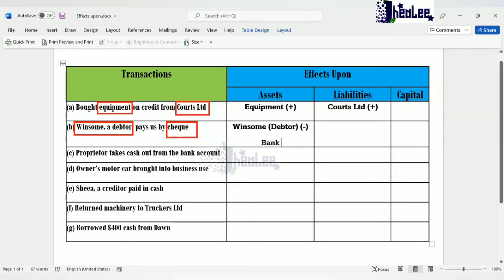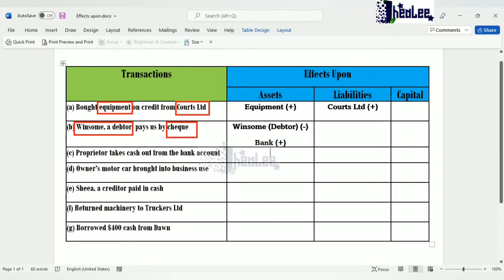We have received this check, so therefore it is an increase. So we're going to use a plus to represent that. All right. So from this transaction, you're seeing that two assets are affected. Once you have two assets affected, one will be increasing and one decreasing, like you're seeing in this, where the debtor decreases while the bank increases.